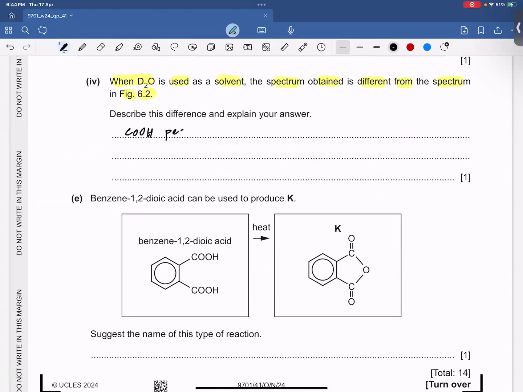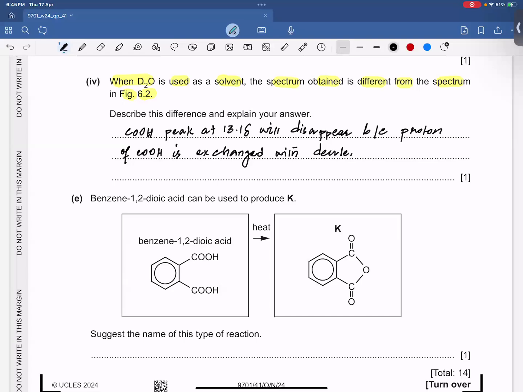COOH peak at 13.1 delta will disappear because the proton of COOH is exchanged with deuterium. Okay.